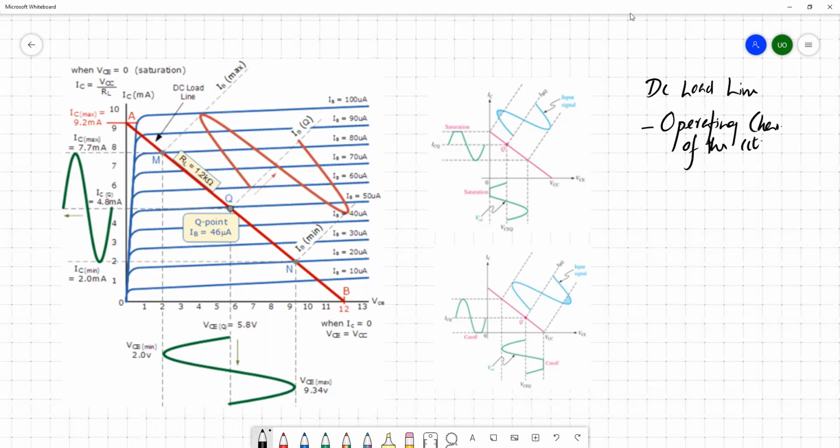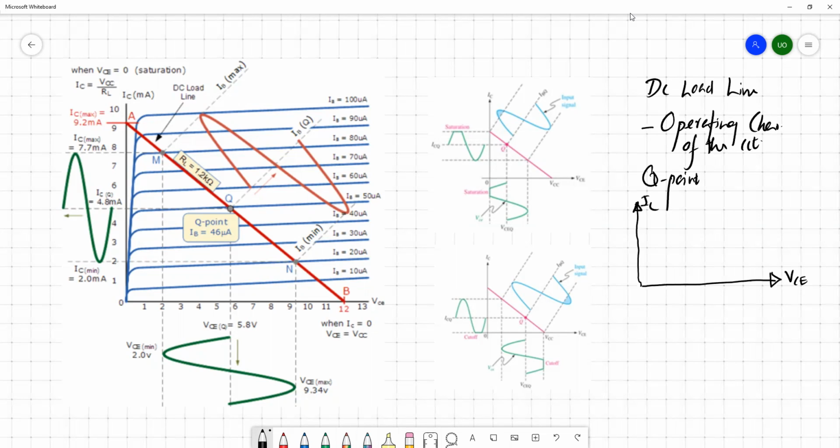So how do you find the Q point, or the operating point? We have this device characteristic. Device characteristic means the transistor we select. According to the selection, we can easily get the data sheet of this particular transistor, and from it we can find the variation of the collector emitter junction voltage along with the collector current.